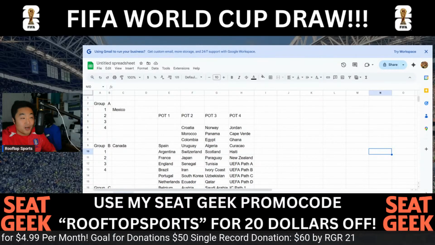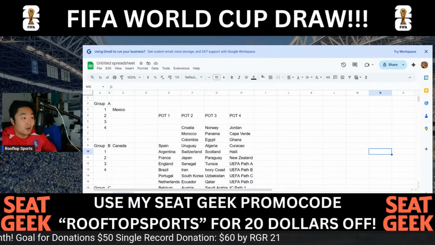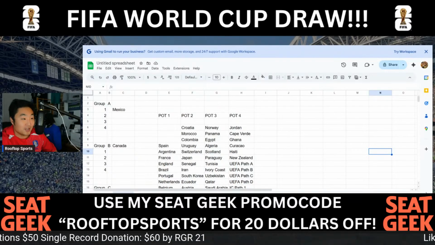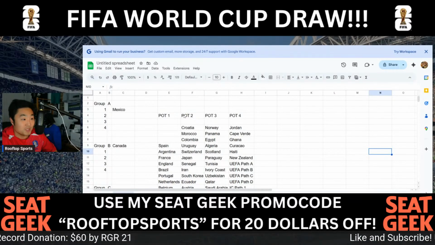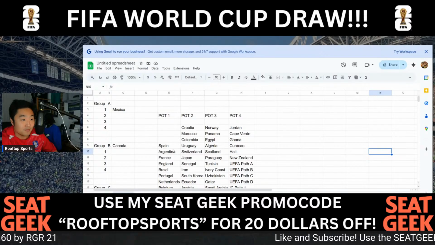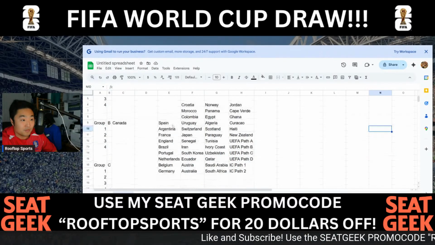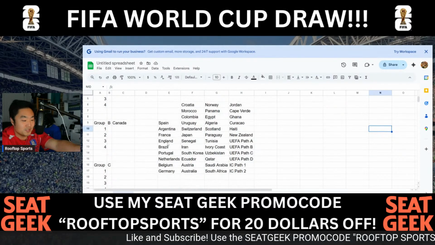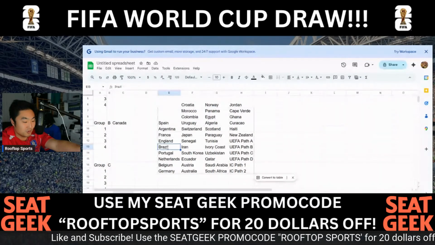All right, Tom Brady is now choosing for the pot ones. Who are they going to go? It's going to be going to Group C. Brazil is going. Where are they going?